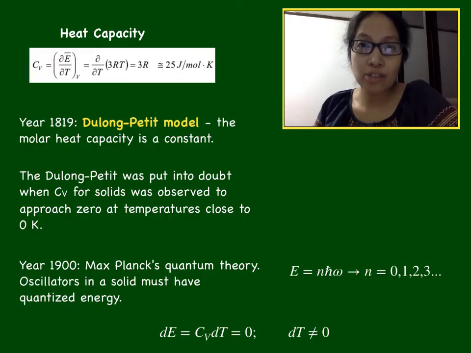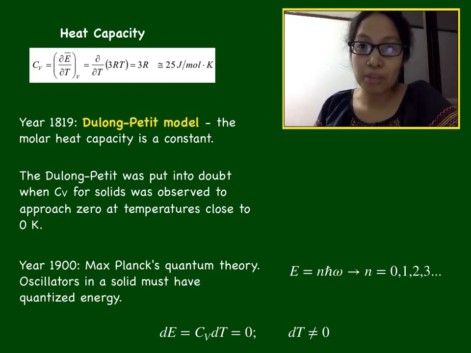We focus our attention now on the heat capacity. How do we define heat capacity using simple terms? Well, heat capacity is the amount of heat needed to raise the temperature of an object by 1 degree Celsius. We take the object's volume to be a constant, so we say in particular heat capacity at a constant volume.